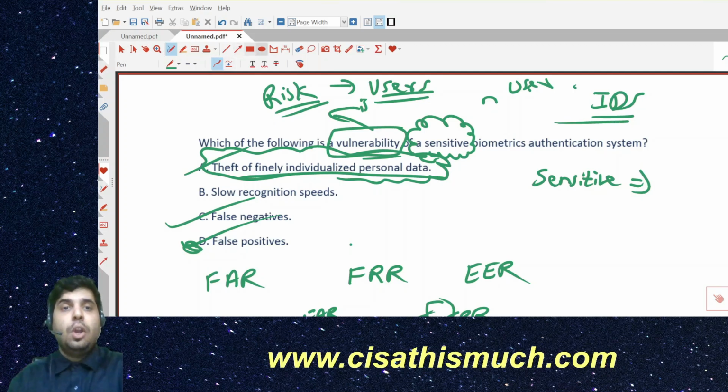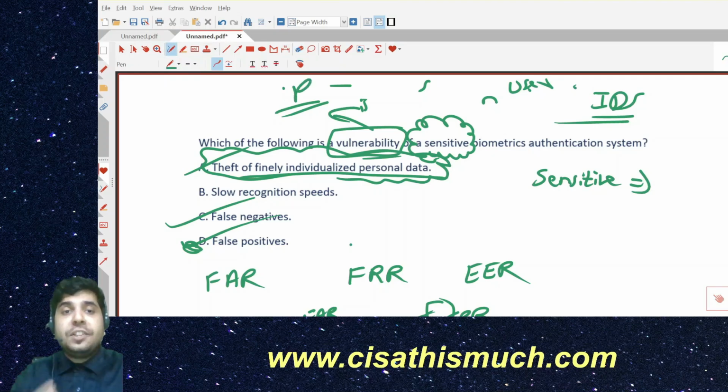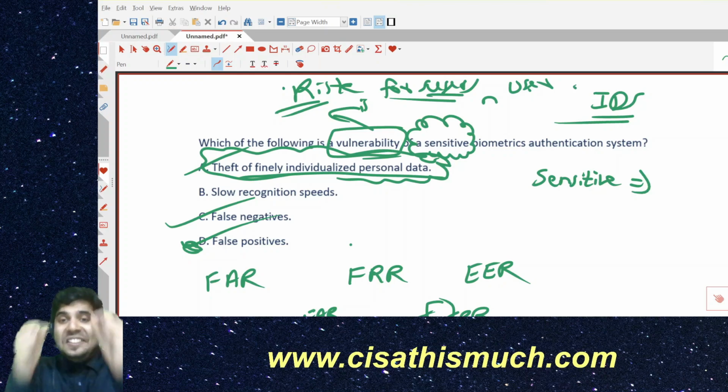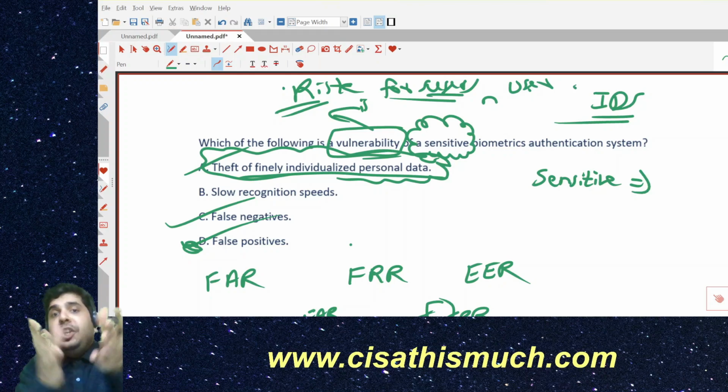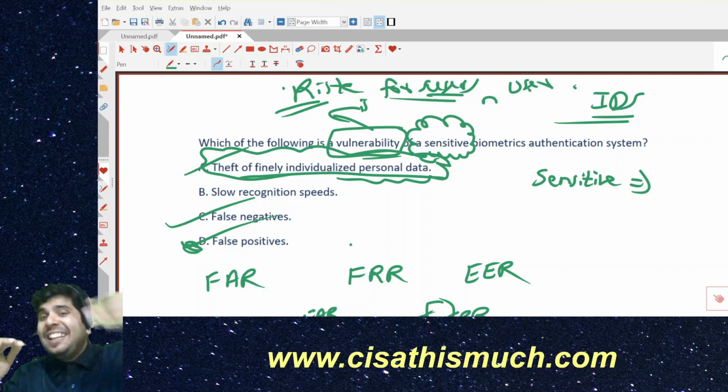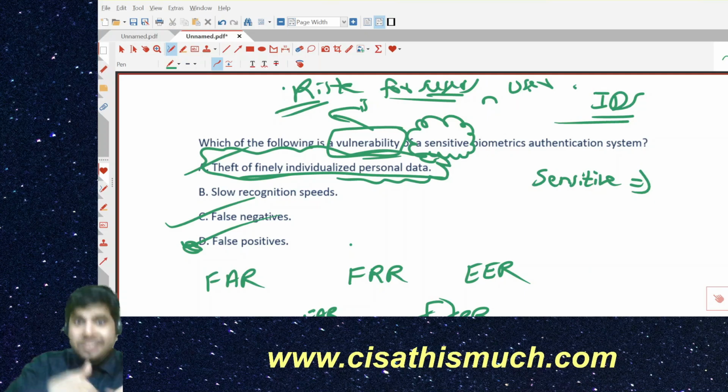Instead of using the word vulnerability, they can use, which of the following is a risk for the users? Risk for the users when they're using a sensitive, meaning accurate, biometric authentication system.